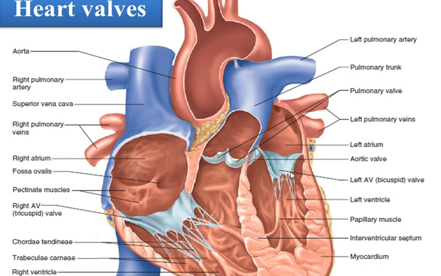We call it the bicuspid valve, because it is composed of 2 cusps. Bi means 2, and the valve which separates between the right atrium and right ventricle, we call it the tricuspid, because it is composed of 3 cusps. Tri means 3.